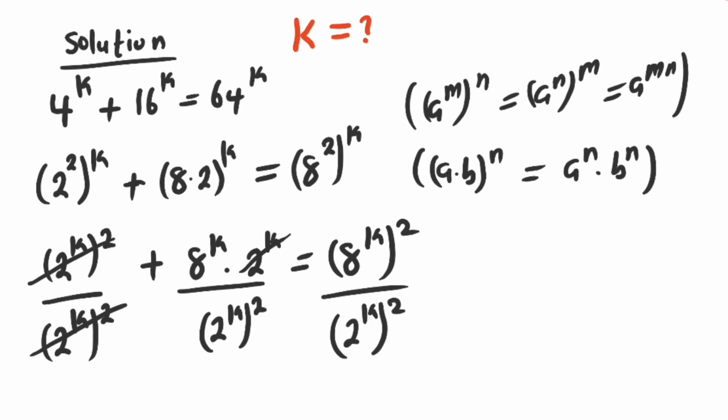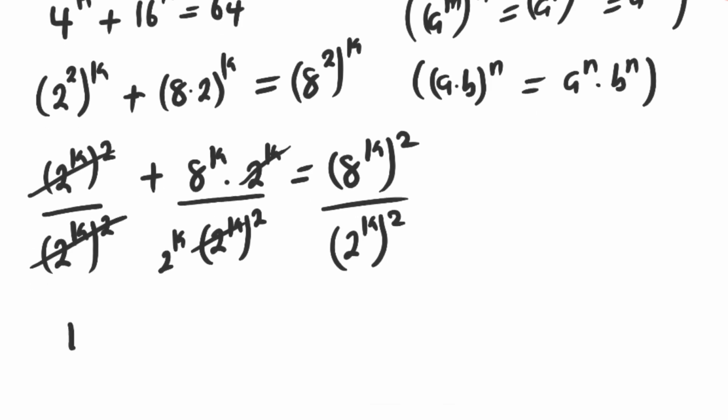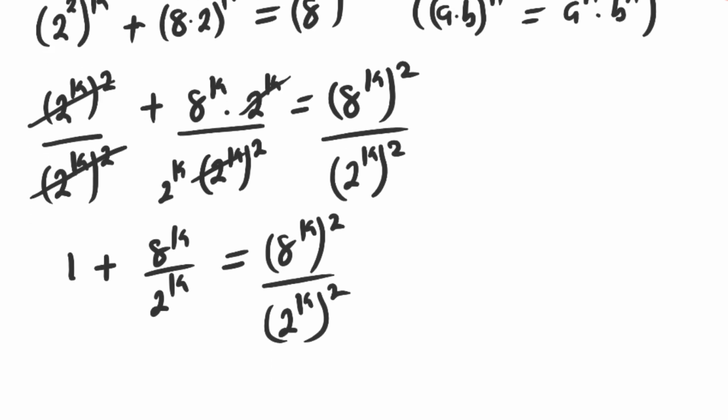This 2 raised to power k cancels one here, so one remains, 2 raised to power k. Then we have 1 plus 8 raised to power k over 2 raised to power k is equal to 8 raised to power k all squared over 2 raised to power k all squared.